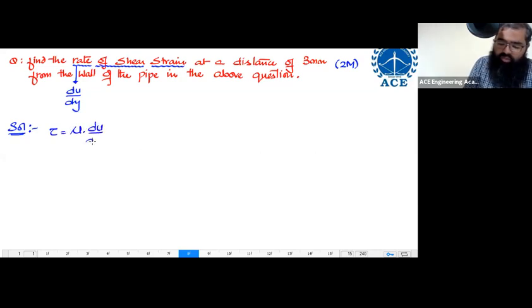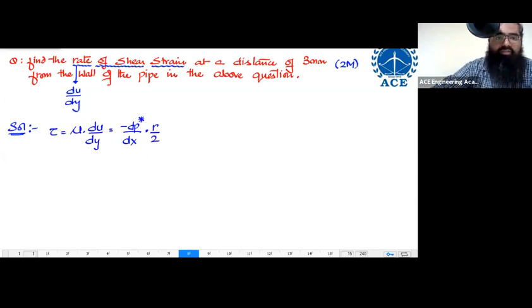Mu into du upon dy. Also tau is equal to minus dp upon dx multiplied to r by 2. Correct? If you say correct, then you are wrong. You should write minus dp star by dx multiplied to r by 2.